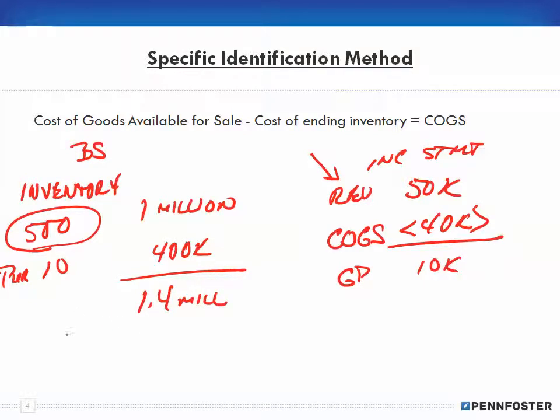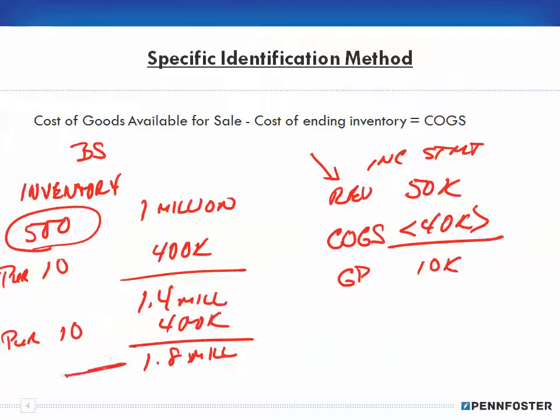And maybe I'm going to have some kind of show where I expect to sell a lot of cars, so I end up purchasing another 10 cars for another $400,000. Okay, so now my cost of goods available for sale is $1.8 million. Right, so that's my cost of goods available for sale at any moment in time.